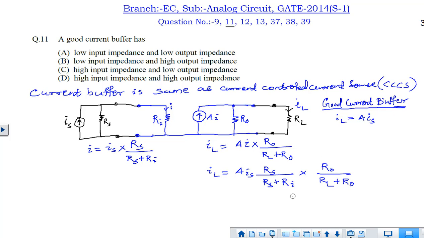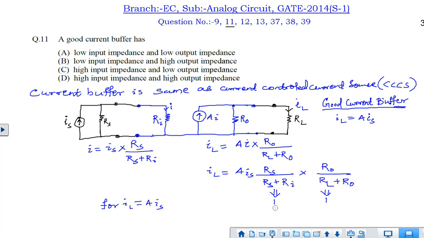For this factor to become 1, RS has to be very much larger than RI, or RI very much less than RS, so that numerator and denominator cancel. Similarly, RL should be much less than R0, or R0 much greater than RL. That means the output resistance must be high, whereas the input resistance must be low.